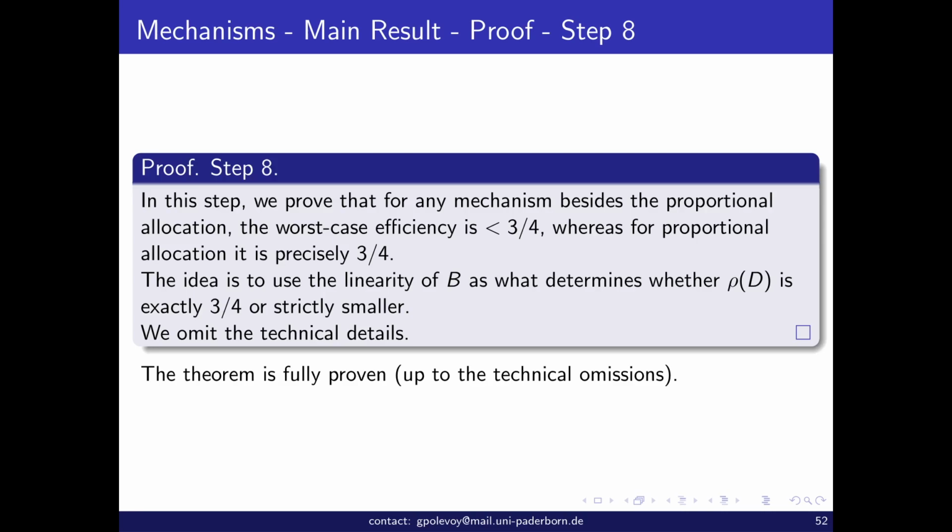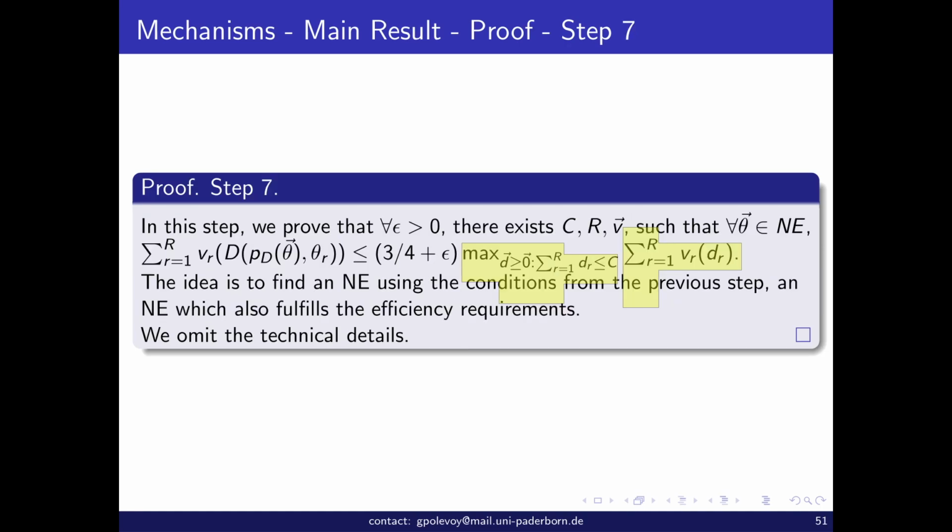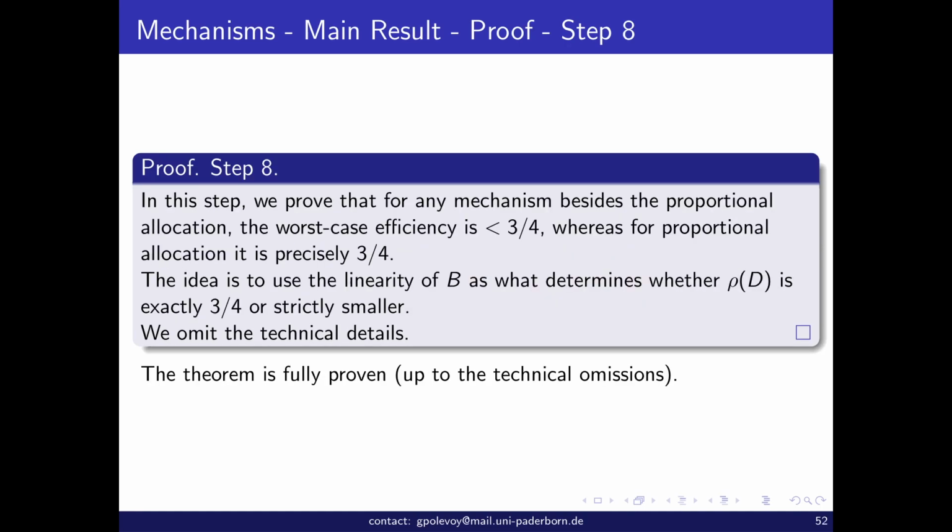Now the last step is that we need to show that for any mechanism besides the proportional allocation, the worst case actually will be strictly smaller than 3/4, while the proportional allocation is exactly 3/4. And again, we don't do the technique here. The idea is to use the linearity of this function b in the case of proportional allocation to show that it's exactly 3/4.